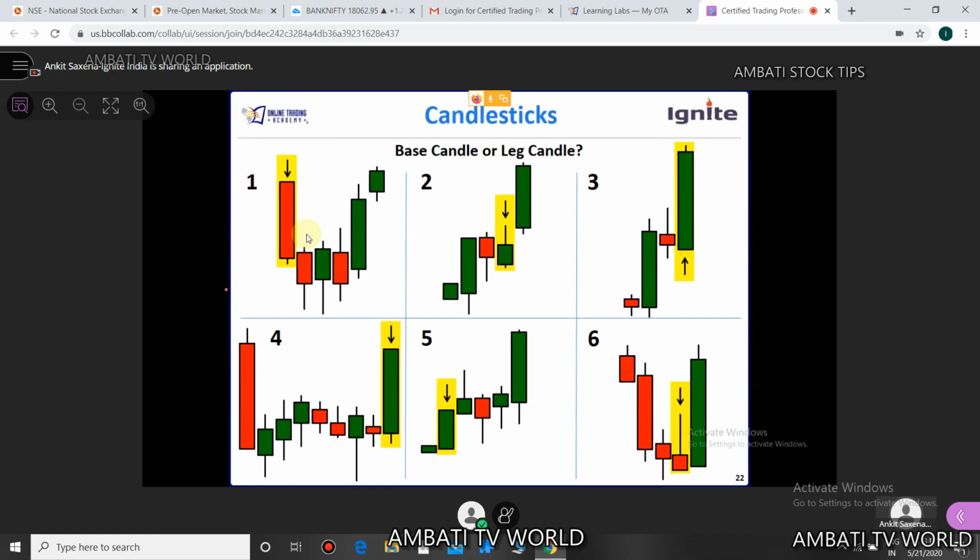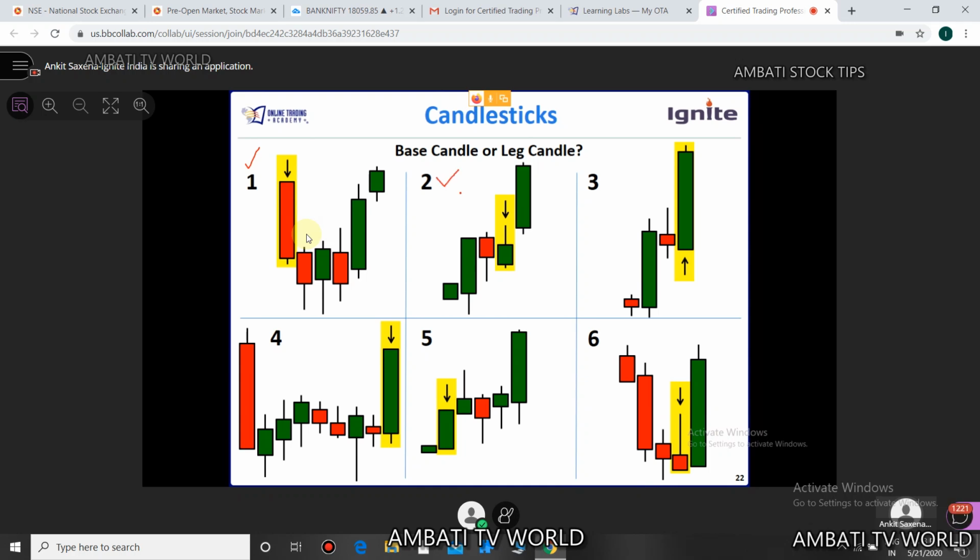Now, please tell me about the highlighted candle. Is the highlighted candle a base candle or a leg candle? Everyone, please answer. First picture. Yes, it's a leg candle.